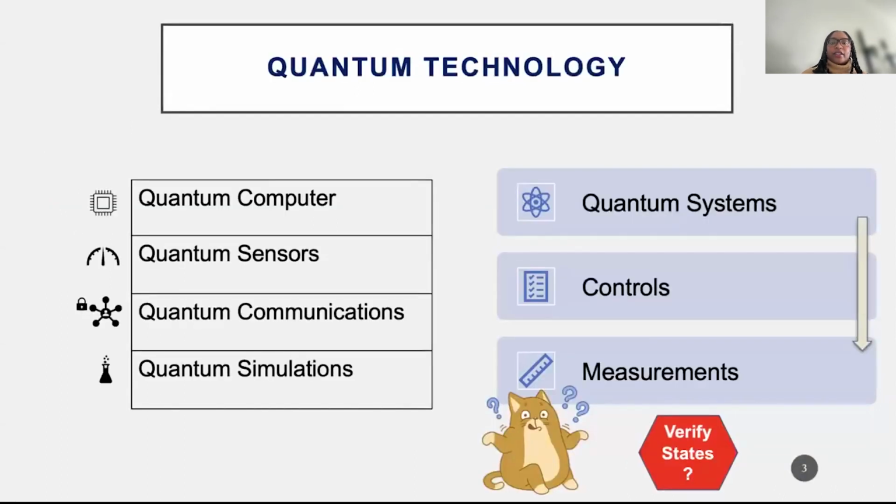So today we're going to first talk a little bit about quantum technology and what is quantum technology. Quantum technology is a class of technology that operates using basic principles of quantum mechanics. Some emerging technology you can see here that you may be familiar with, such as quantum computers, sensors, communication, and simulations, all which operate on the fundamental principles of quantum mechanics.